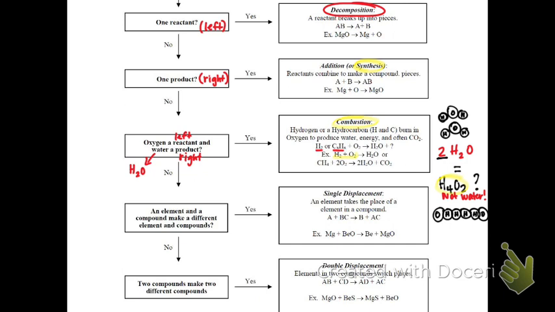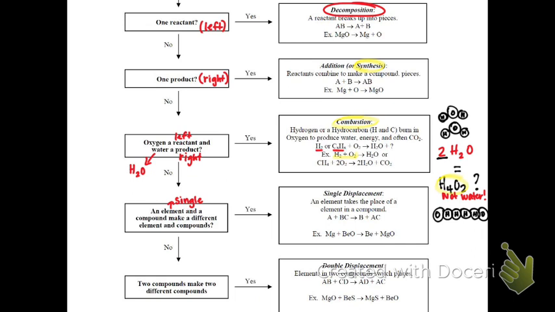All right, our next one says an element and a compound make a different element and a different compound. Before we talk about those things, just what is an element? One element is going to be like a single letter, or some of our elements, like sodium, is Na, but one thing, single.